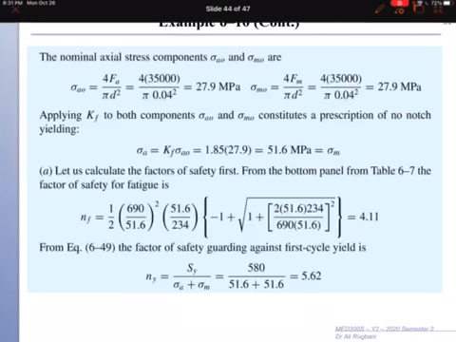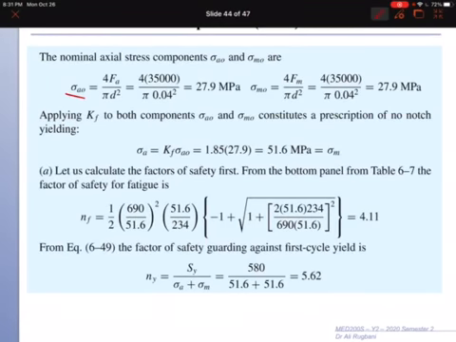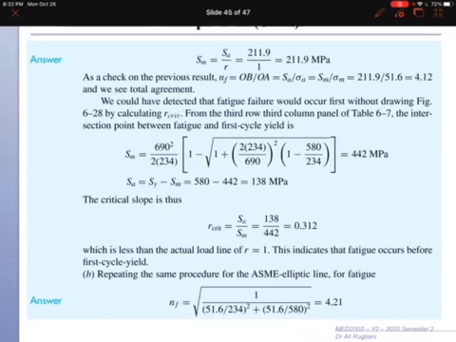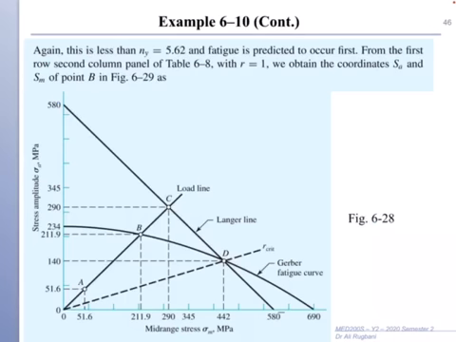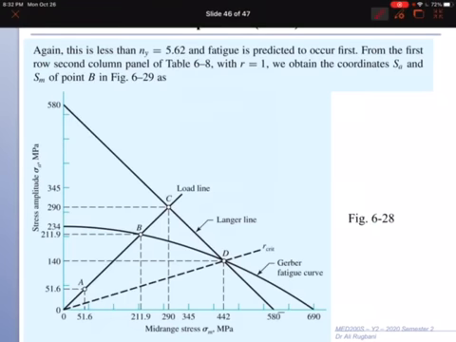Then calculate both alternating and mid-range stresses. You need to add stress concentration for both alternating and mid-range, and then use one of the failure criteria to calculate factor of safety. So for this example, your point was here, alternating and mid-range, and the load line is this load line.